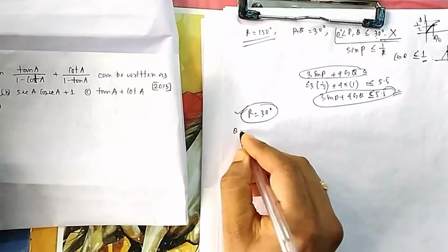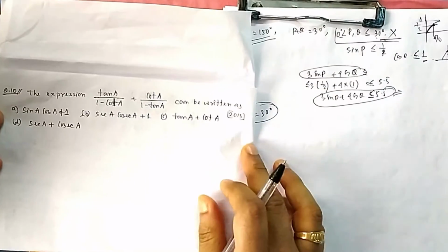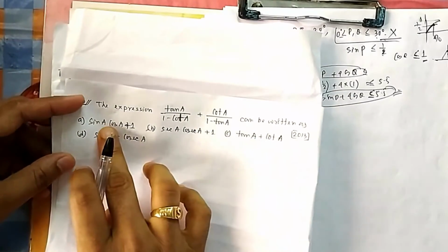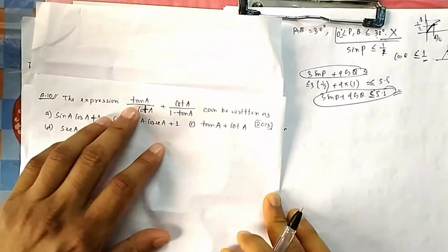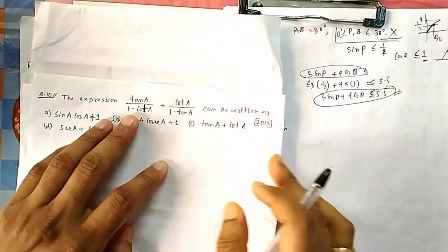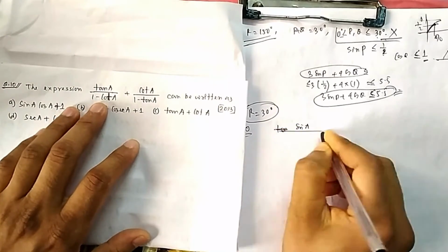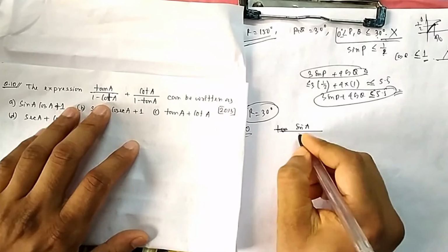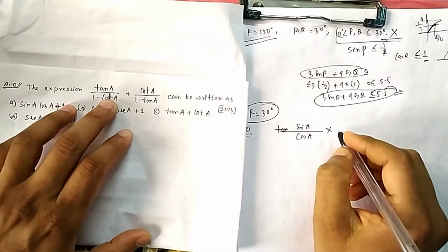Now if you see question number 10, it is simple, just simplifying the expression tan a by, so everything you have to write in sin cos, cos sec, tan cot. So you can simplify it by writing in sin cos. So it will be sin a by cos a, then 1 minus cos a by sin a.